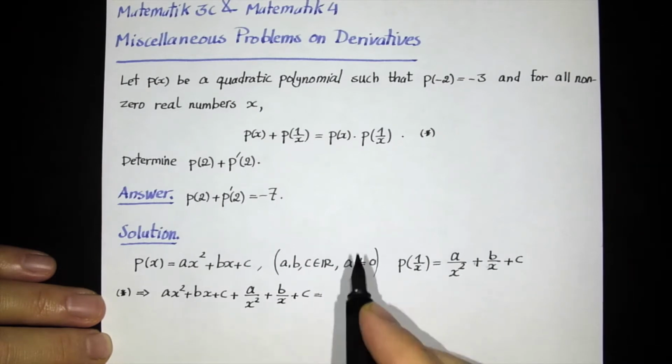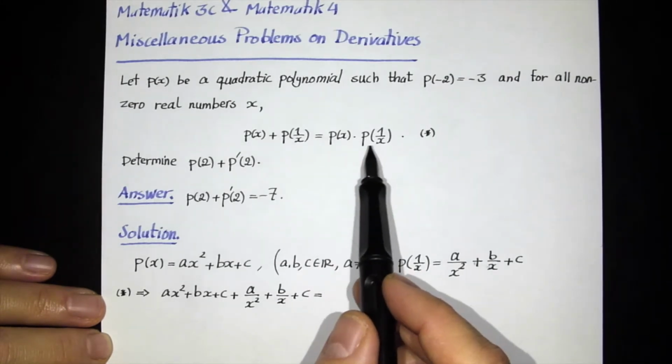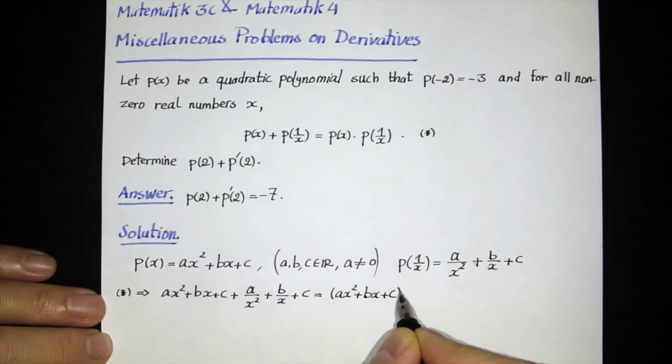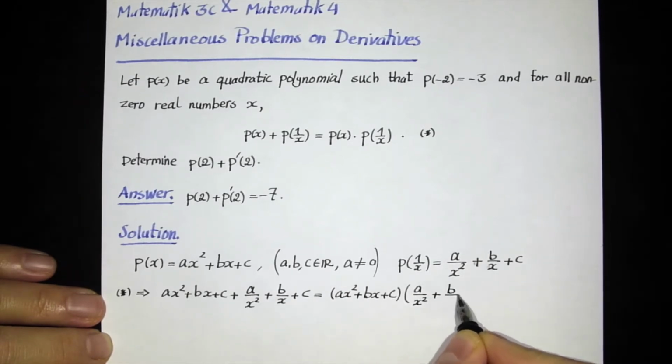On the right hand side, I have the same two expressions, this time being multiplied. So this becomes ax squared plus bx plus c multiplied by a over x squared plus b over x plus c.